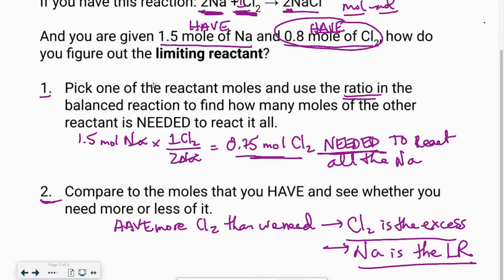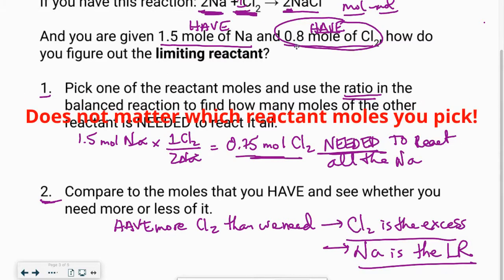Now, like I said, I could have picked either of these reactant moles. I could have picked this 0.8 moles of Cl2, then my ratio would have been the other way. I could have figured out how much Na I need to react all my Cl2 away.